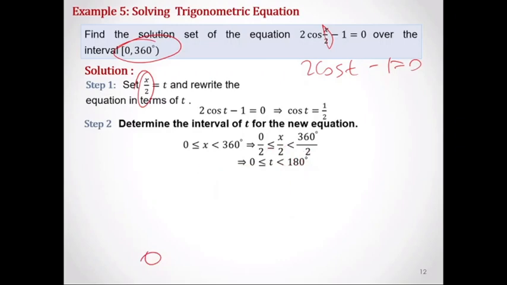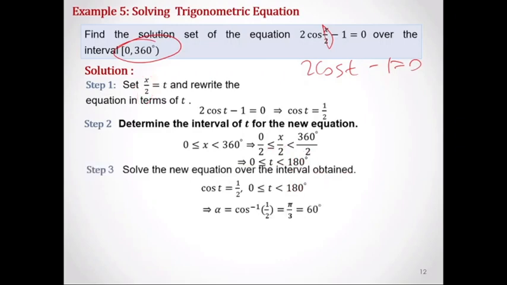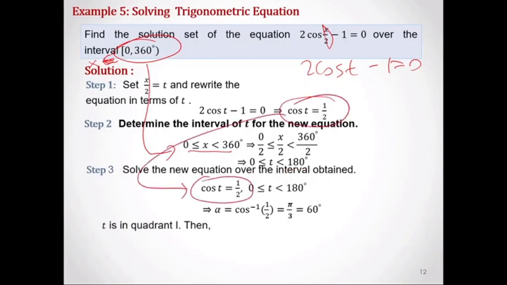This is what we get here now. So when you solve it over this interval, x is between 0 and 360, and when you divide by 2, you will get this. And now we change the equation to this one, and we change the interval condition to this one.